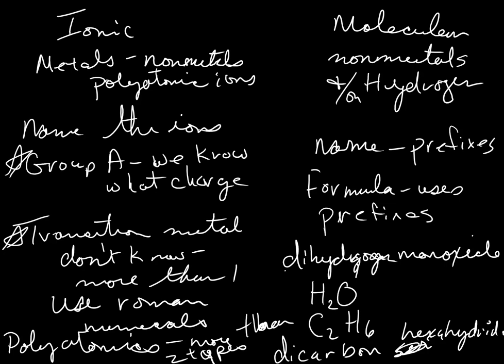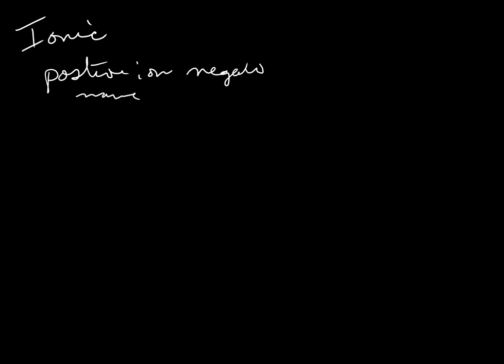It's all familiar stuff. Okay. So back to that ionic, you write positive first, positive ion name, negative ion name. 2 words.